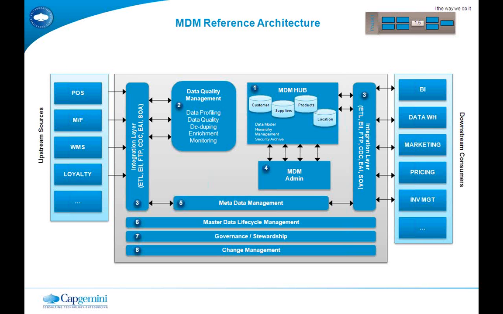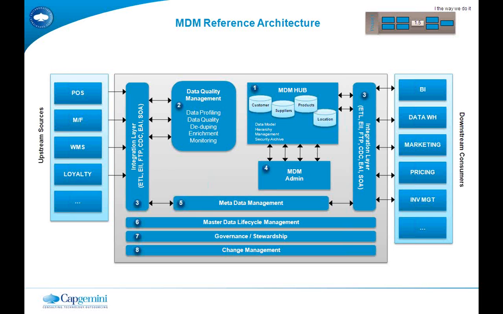It is technology agnostic, so you can utilize Oracle or any technology in this environment or any mix of technologies, so Oracle for MDM and then potentially other technologies in other areas. But we utilize this to make sure that we're creating the right environment for effective MDM.